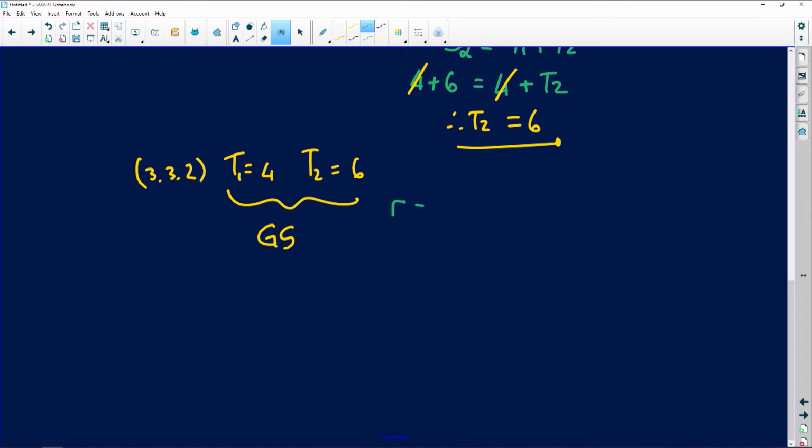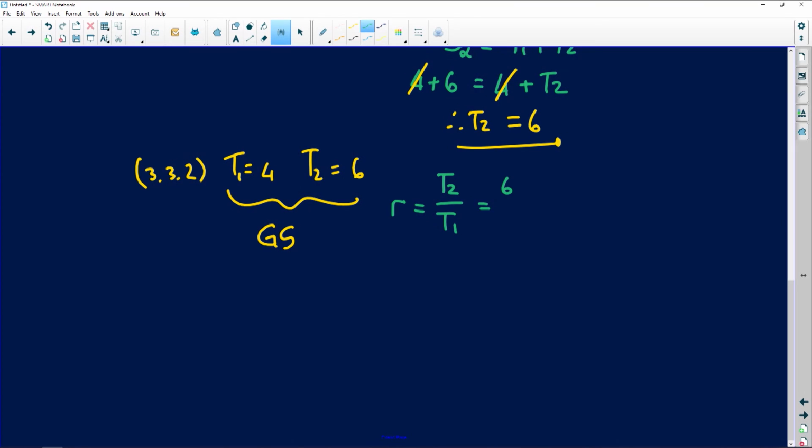We need to find out what it is that we did. So in other words, we're looking for the constant ratio. It's term 2 divided by term 1, because that is what a geometric sequence is. It has a constant ratio. Okay, so term 2 is 6, term 1 is 4, and if I simplify this, it gives me the ratio as 3/2. I have my first term A as 4.